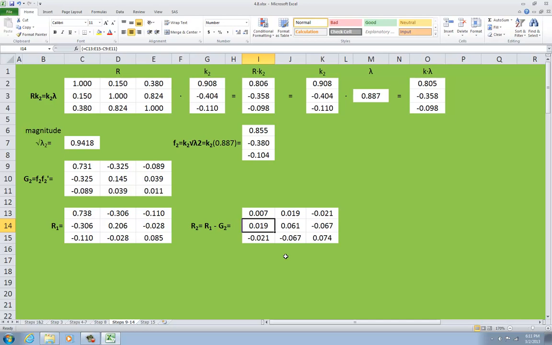The entry for the correlation between variable 1 and 3 is about the same, but with a negative sign, negative 0.021, indicating that we have overestimated the correlation this time, but not by very much.